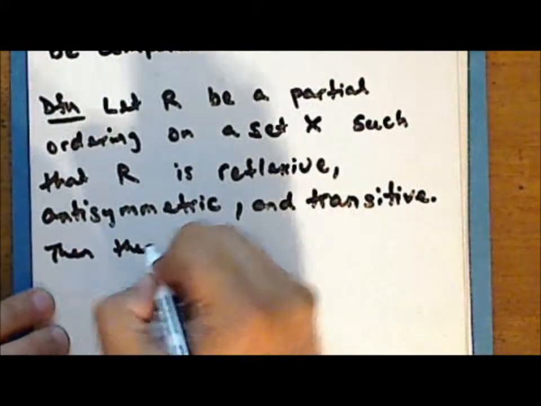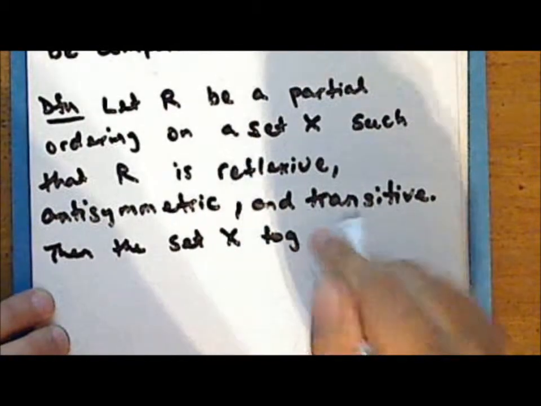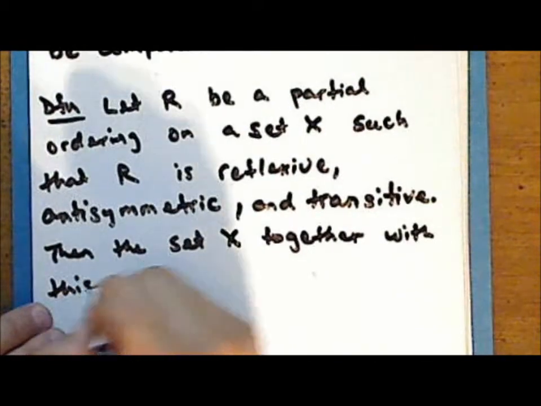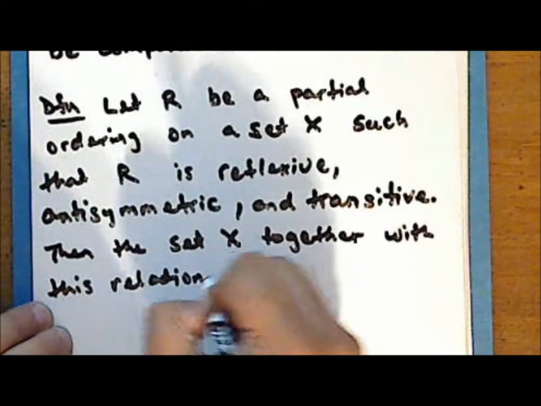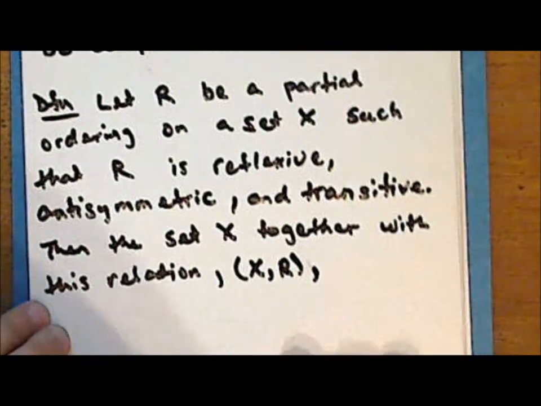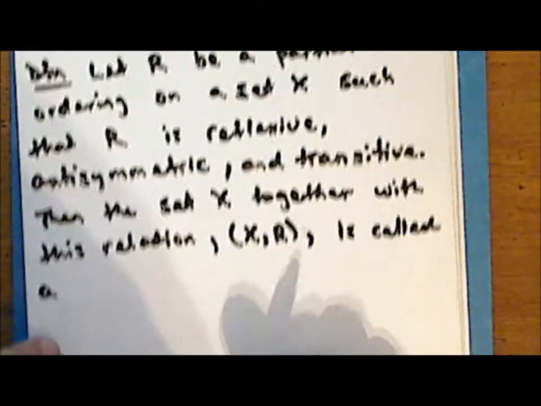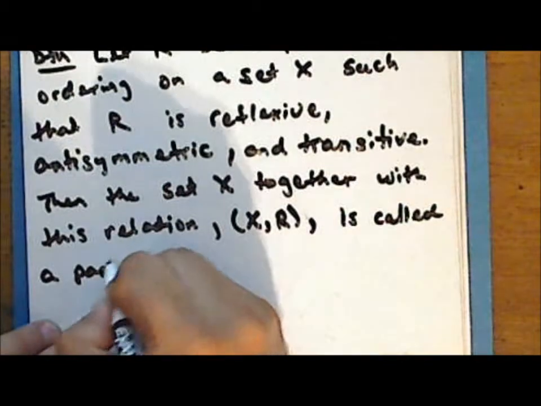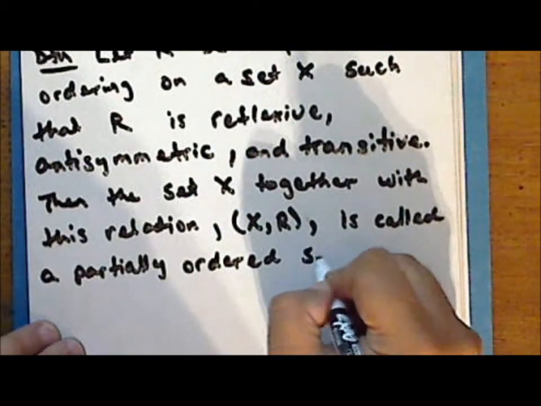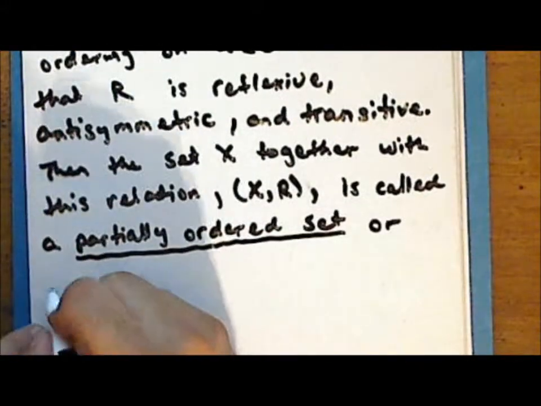Then the set X together with this relation, which we denote this way, using parentheses, the set X together with the relation R, is called a partially ordered set, or more commonly, a poset.